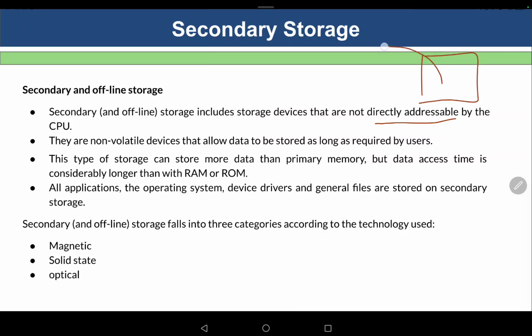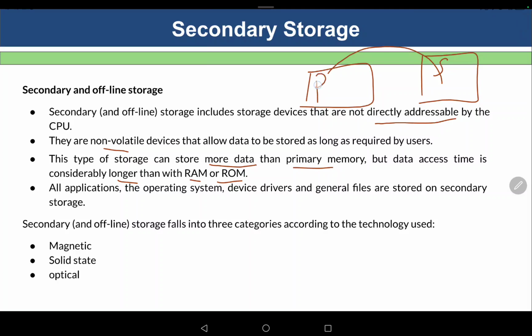The data has to be moved to RAM. This type of storage can store more data compared to primary memory storage, but data access time is considerably longer than with RAM or ROM.